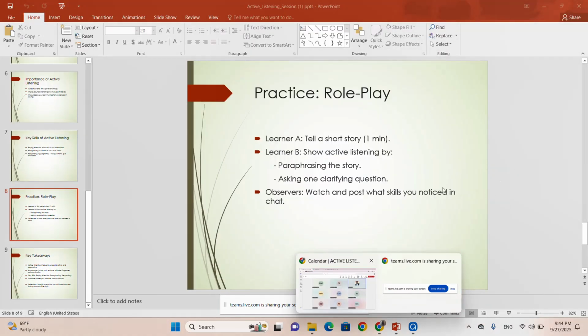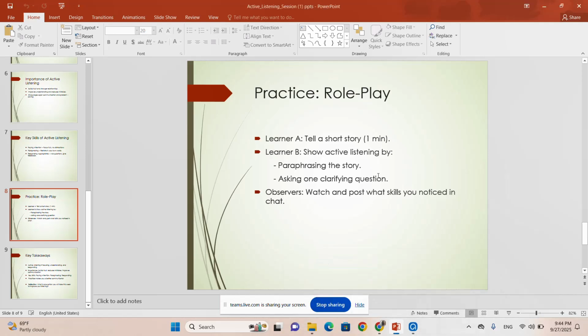One day, a student named Amina went to her teacher after class looking worried. "I am having trouble understanding fractions," she said softly. Mr. Kamau, her teacher, stopped what he was doing, turned to face her, and made eye contact. He nodded and said, "Tell me more about which part confuses you."